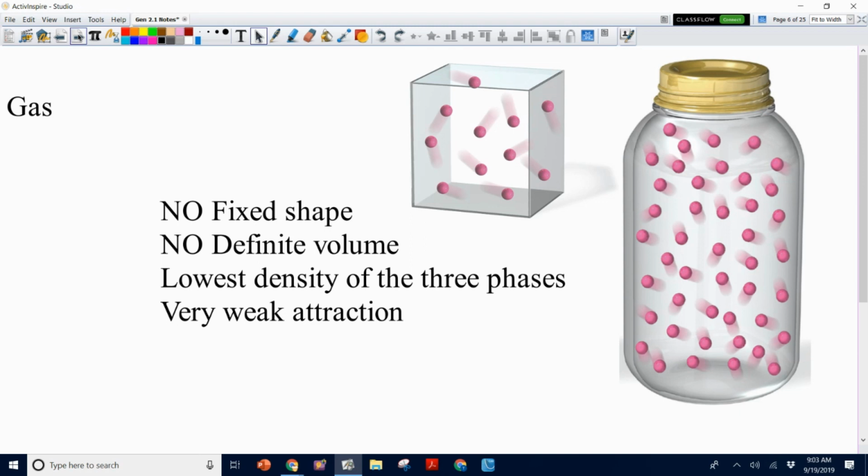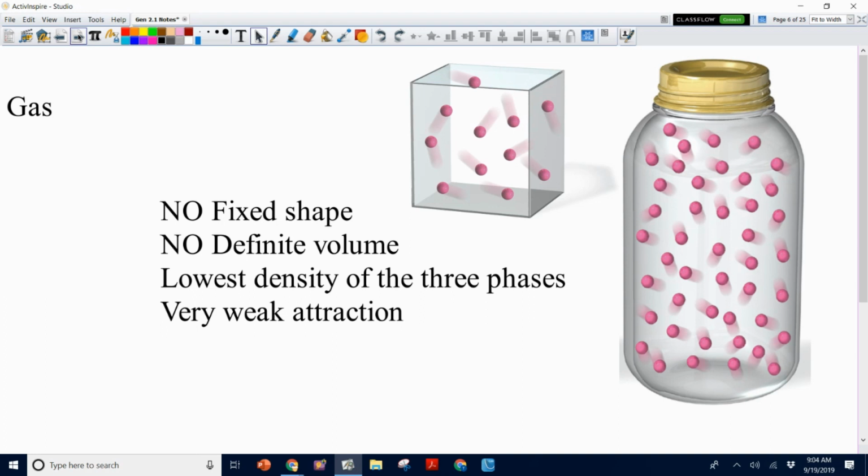You take the lid off and the molecules and atoms start coming out and fill up the room. So you went from 1 liter to however many liters the size of the room is. The molecules just move apart. It is the lowest density of all three phases, and there's very weak, if any, attraction between the atoms and molecules in a gas.